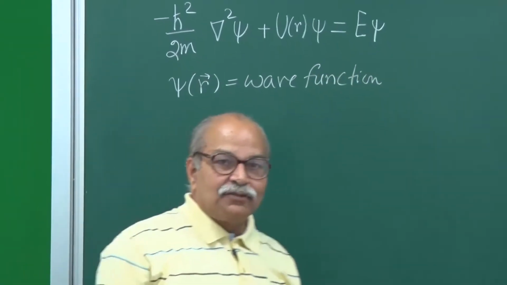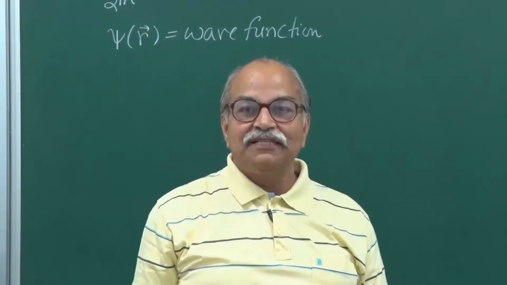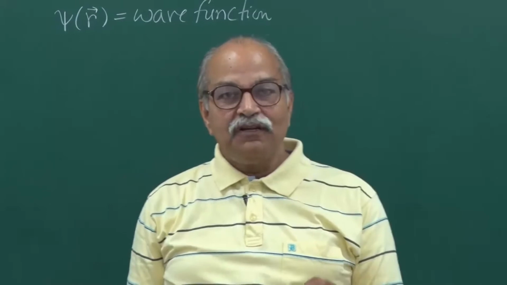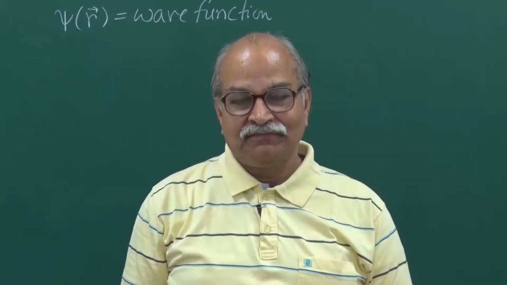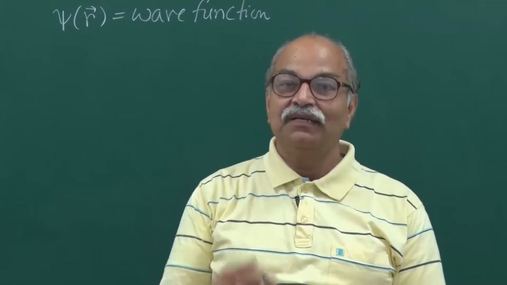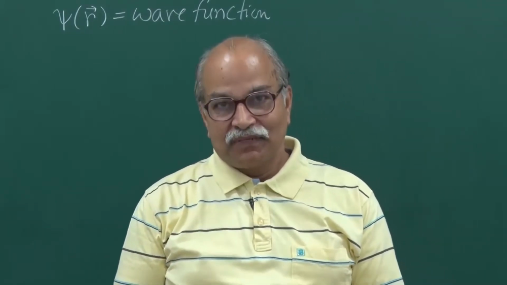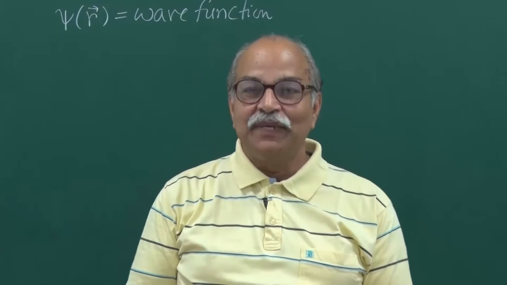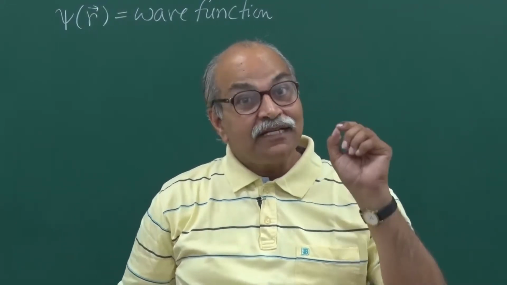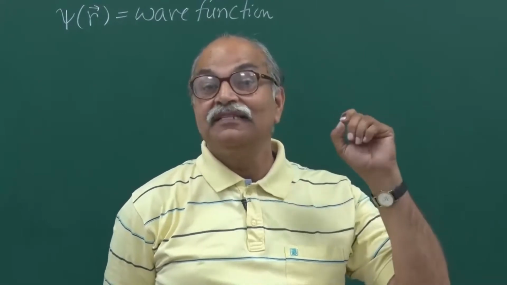And I would like to tell more about what this wave function is. First of all, we are talking of an electron, supposedly a particle having a proper mass, a proper position, a linear momentum, and so on. But for that electron also we have to find this wave function.